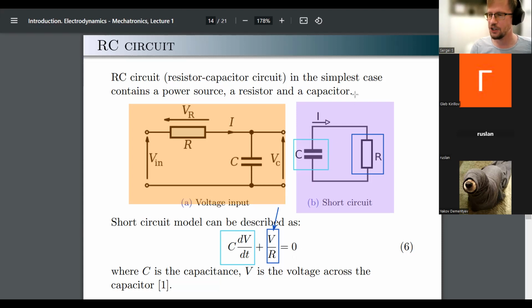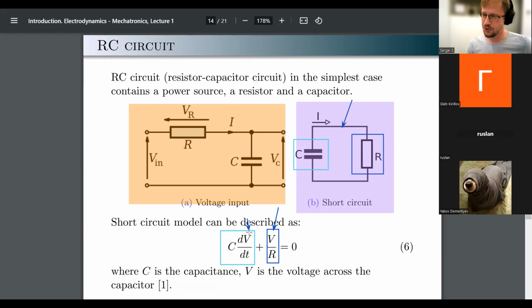You can imagine if you put a node here, that's how you organize this equation. What flows in equals what flows out, and so on. So this is somehow related to that.